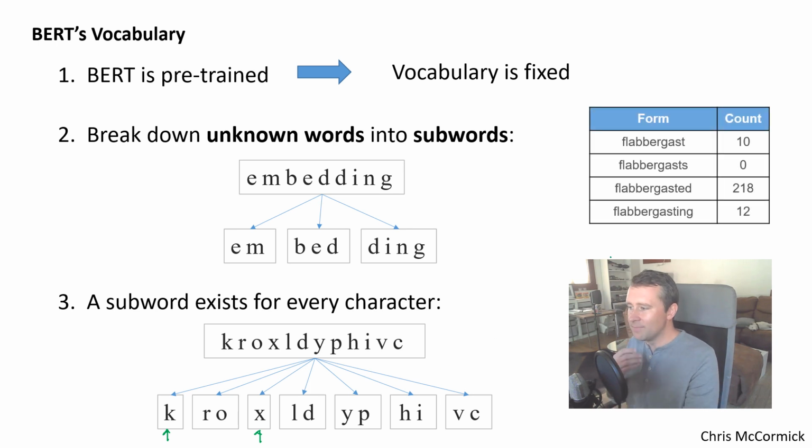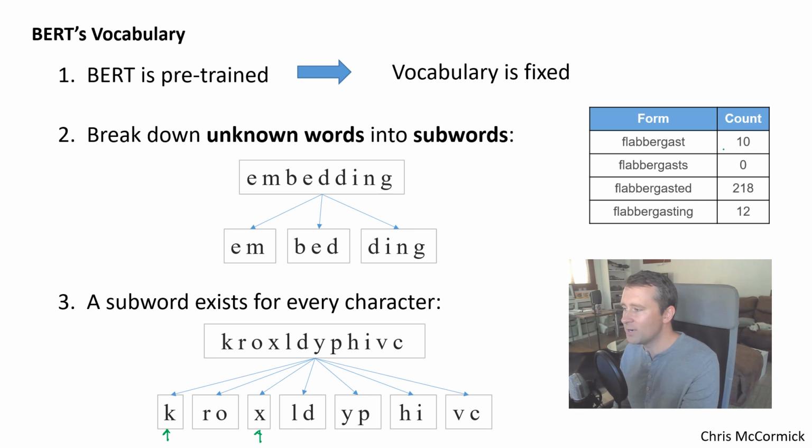I think where it makes the most sense is when you've got word components that help you understand the meaning of other words. So the word flabbergast means to surprise someone. This is the tally of the number of times each of these forms of that verb occurs in Wikipedia from a 2018 dump.